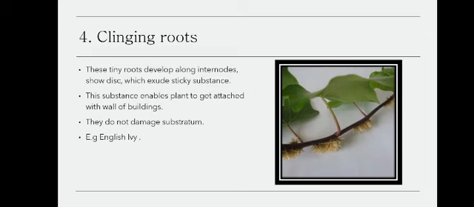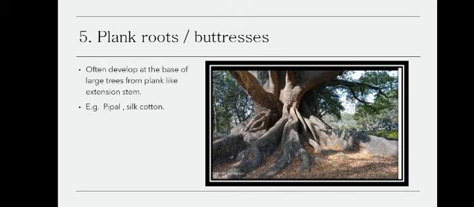It enables the plant to attach to the wall of a building. The sticky substance is spread on the wall, and the roots are attached to that substratum. They do not damage the substratum.